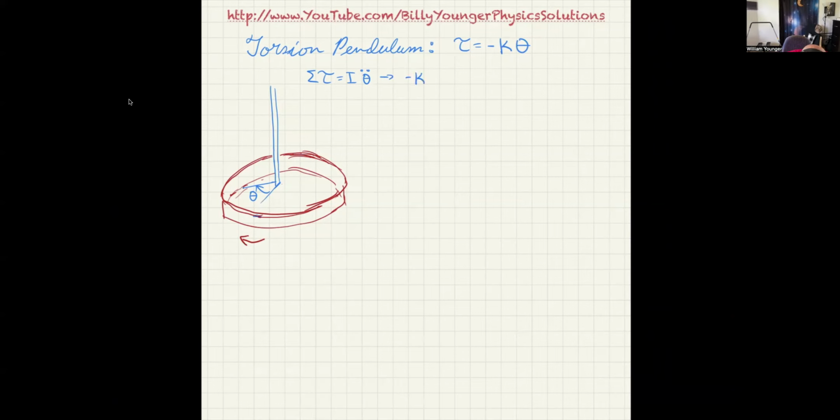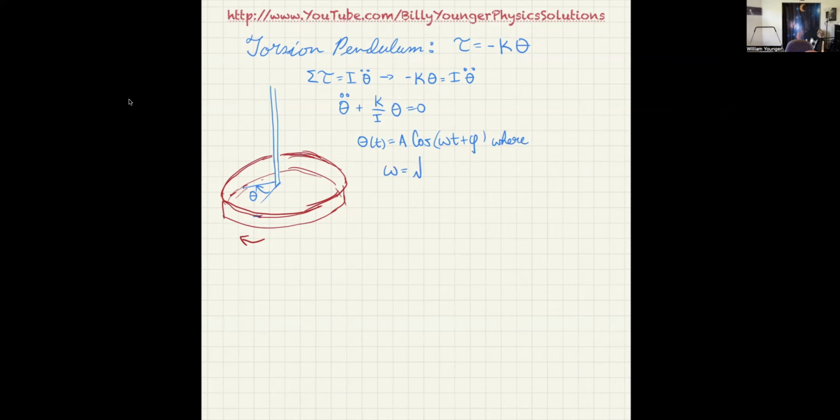It's negative kappa theta is equal to I times theta double dot, which we can represent as theta double dot plus kappa over I theta is equal to 0. So again, we have theta of t is going to be some A times cosine of omega t plus phi, where in this case, omega is going to be the square root of kappa over I.